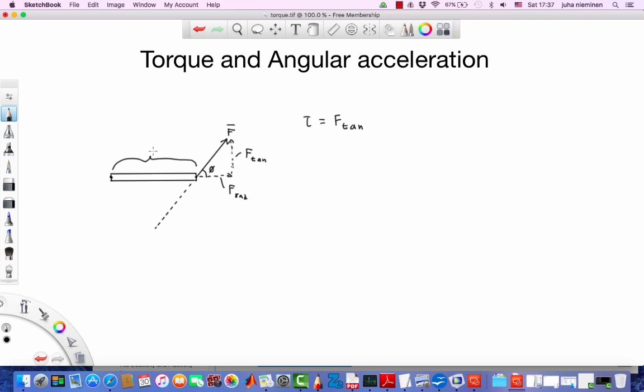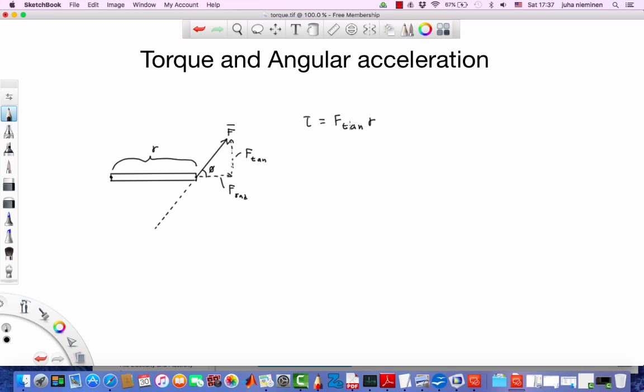This is generally called r. The further we are from the pivot point, the easier it is to accelerate this object. And you have this experience from real life.